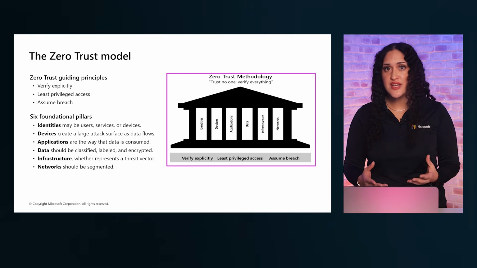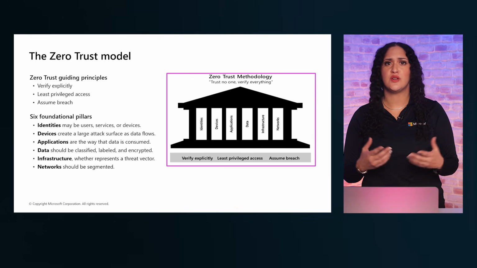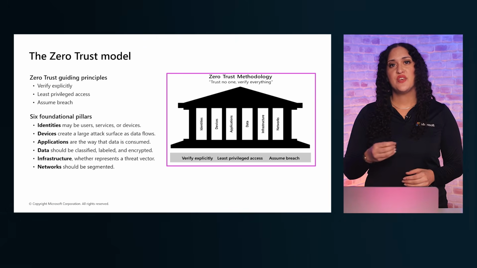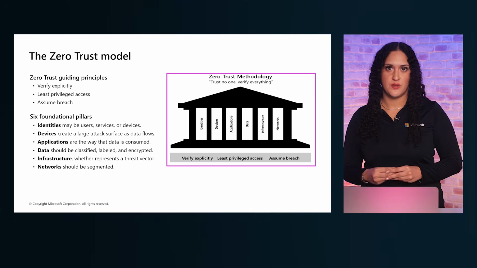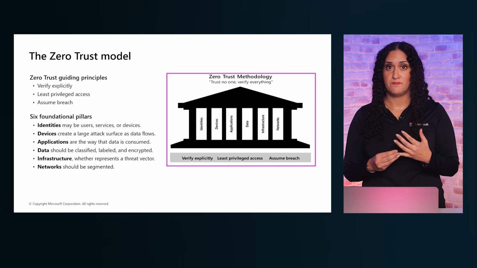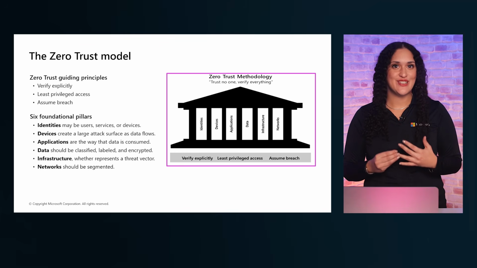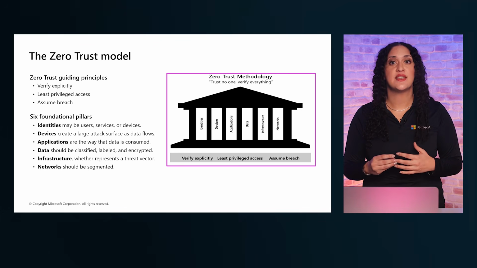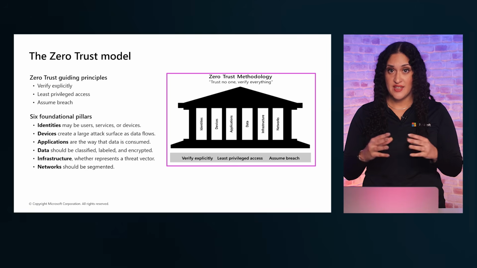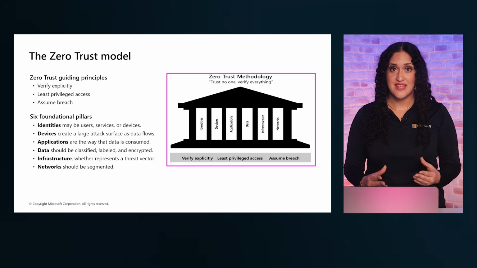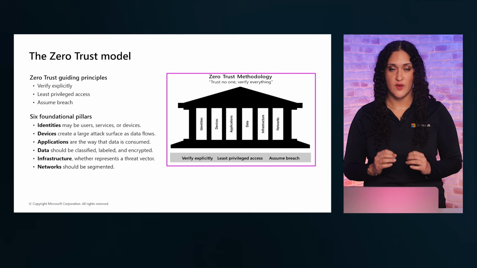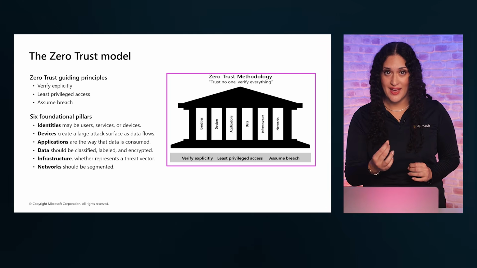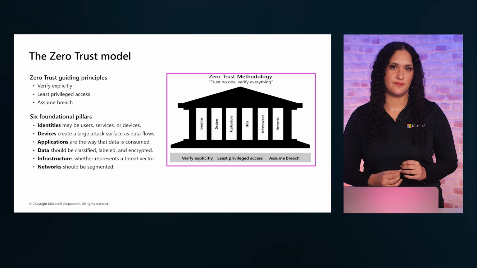For example, a user's identity, device health, location, behavior even. This model is guided by three principles: verify explicitly, use least privileged access, and assume breach. Together, these principles help organizations limit access to only what's needed and reduce the impact if an attacker gets in.